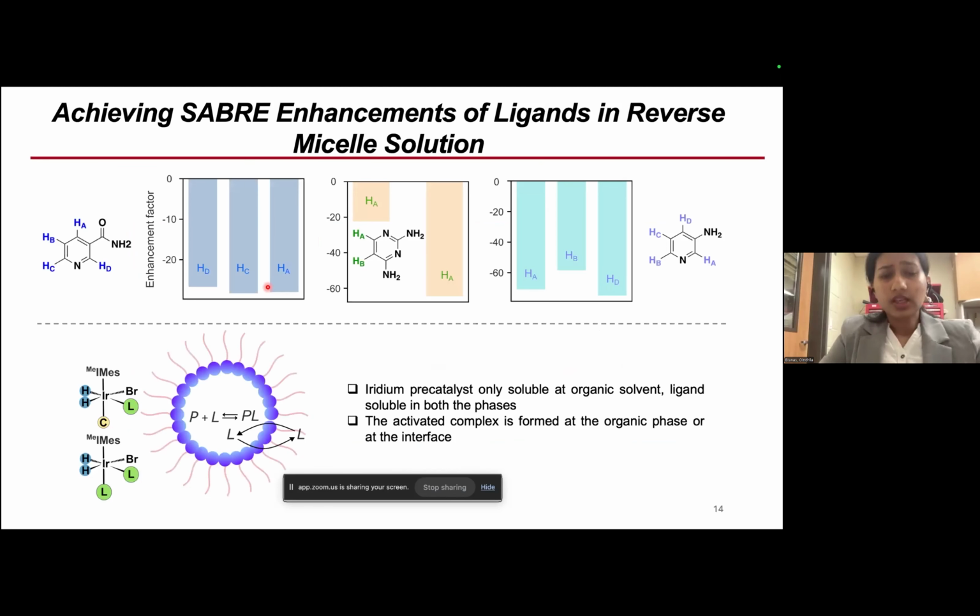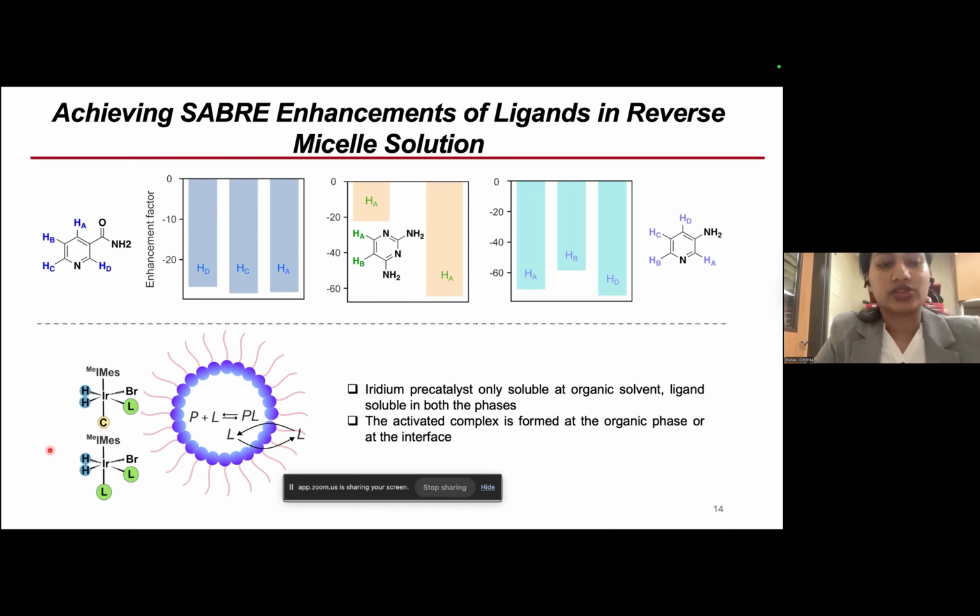We also checked the partition coefficient of the SABER catalyst, and we found that it is only soluble in the organic system. So the hyperpolarization can be happening such that the ligands which we took are all soluble in both the organic phase and the aqueous phase. Initially, when the ligand is in the organic phase, it is getting hyperpolarized and the iridium complex is forming.